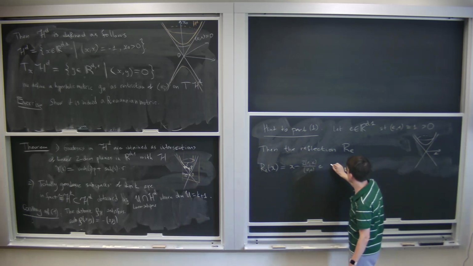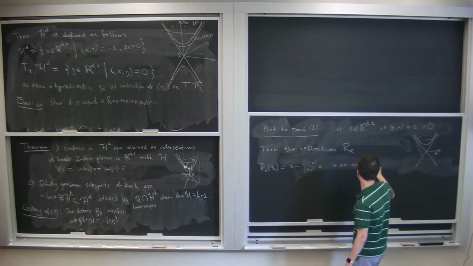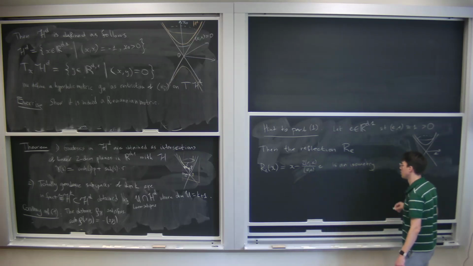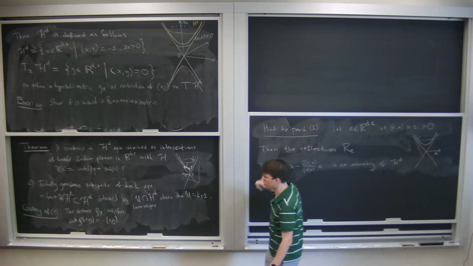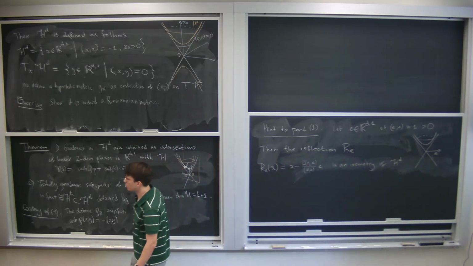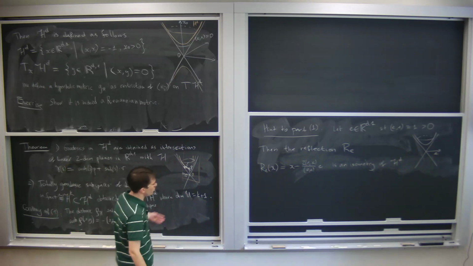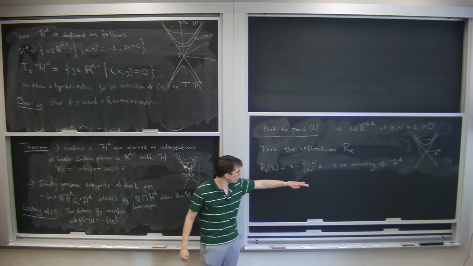Then the reflection is an isometry of H^D, right? So you first need to prove that this is an isometry. But the fact that this is an isometry immediately follows from the definition.